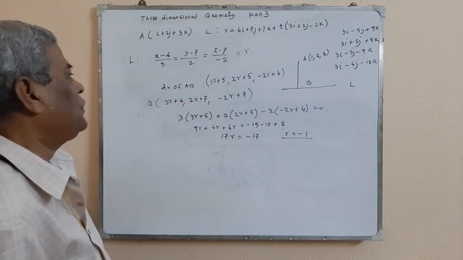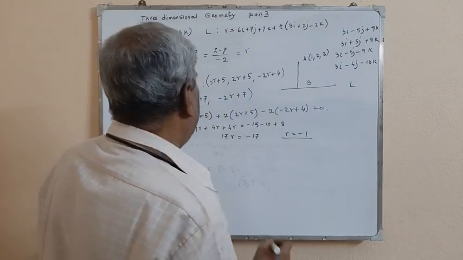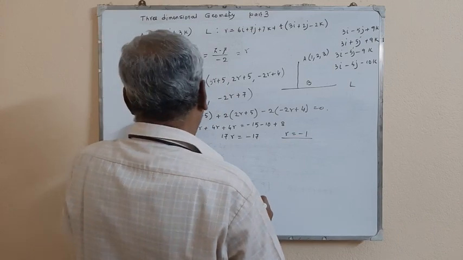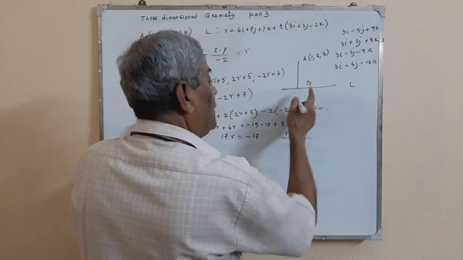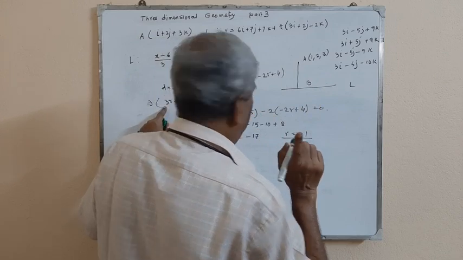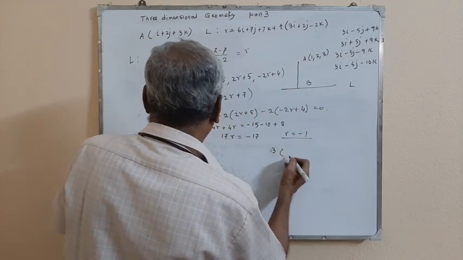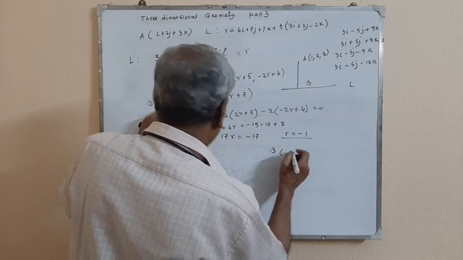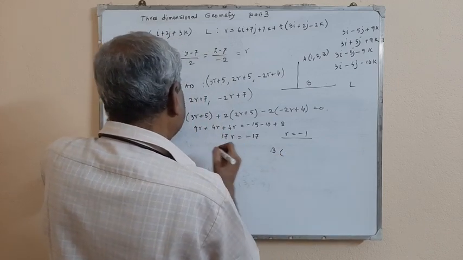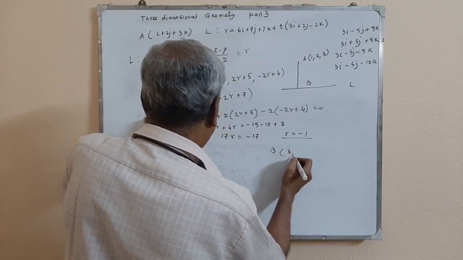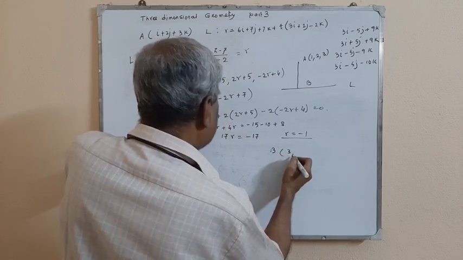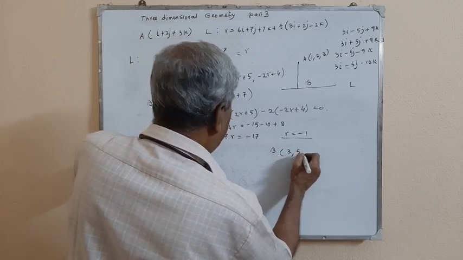So if we put R is equal to minus 1, then we get the coordinate of B, which is nothing but the foot of perpendicular. So the required foot of perpendicular is: minus 3 plus 6, that is 3; minus 2 plus 7, 5; plus 2 plus 7, 9.